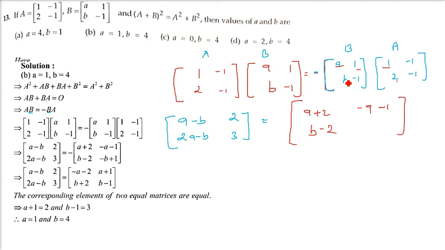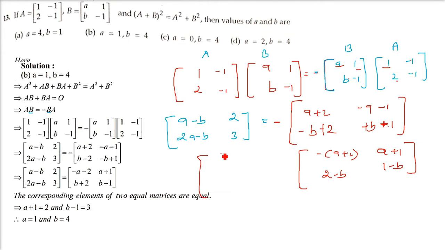Then we have B into minus 1 is minus B, and minus is plus 1. Okay, negative is outside, so you just have to multiply negative 1 inside. So minus A plus 2 it will be, this will be A plus 1, this will be 2 minus B, and you can write this as B minus 1. It is not 1 minus B, it is B minus 1.